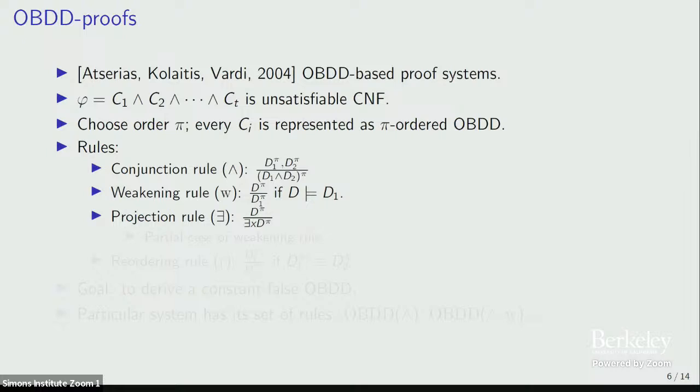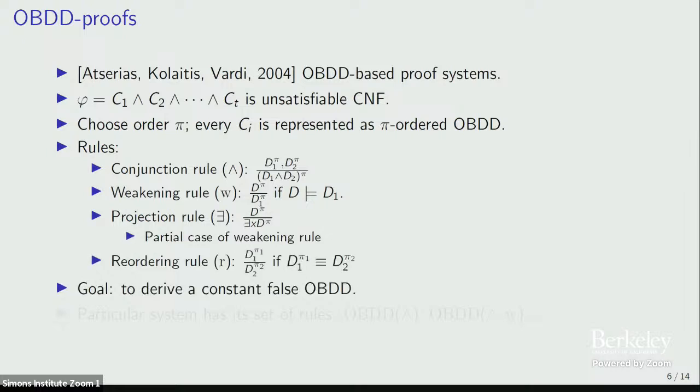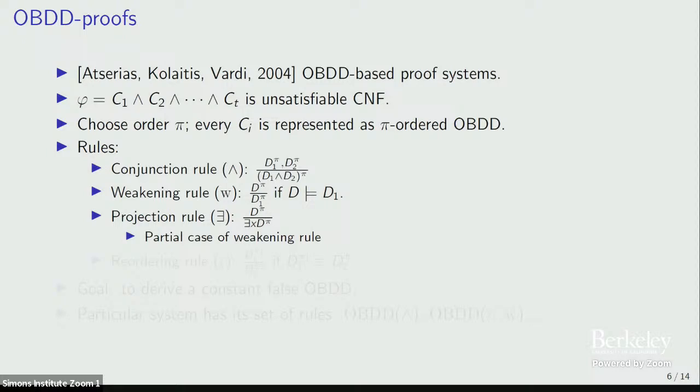Because it looks more practical: for the weakening rule there are a lot of ways to weaken, but there are not too many ways to apply the projection rule, at most the number of variables. The goal here is to derive a constant false OBDD using these rules.